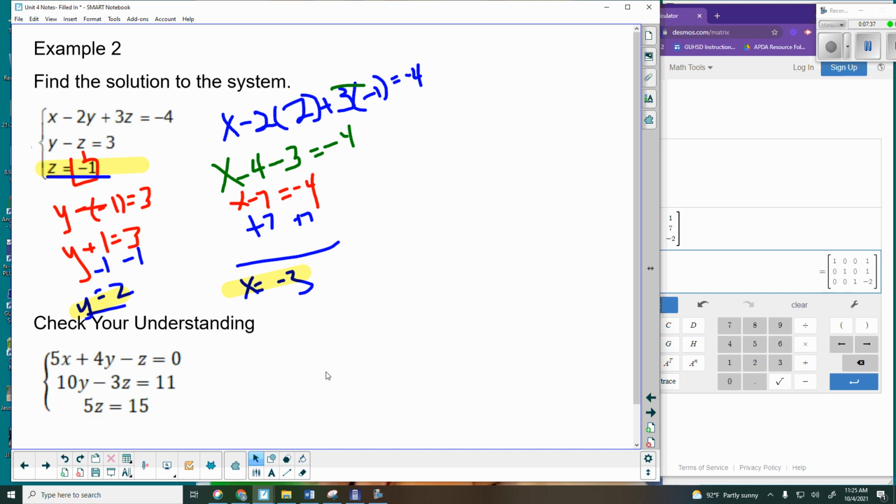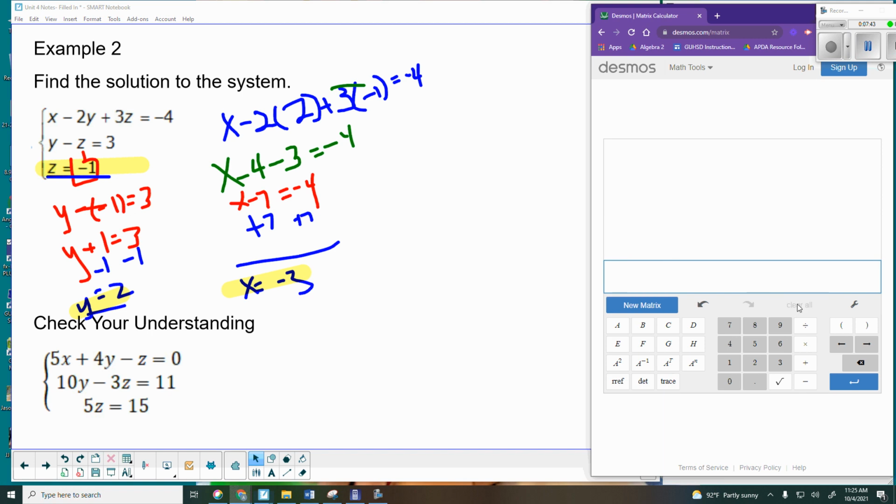Now, we can still use our calculator for this. So I'll show you guys using the Desmos calculator again. So matrix, we still have 3 rows and 4 columns. Now that first one is just like normal. 5, 4, -1, 0.